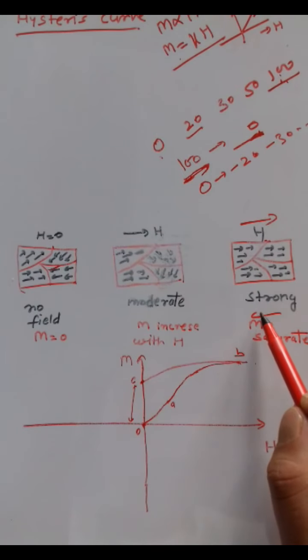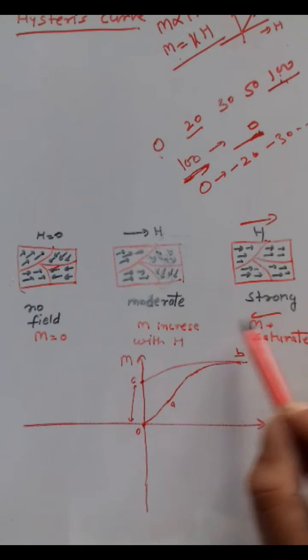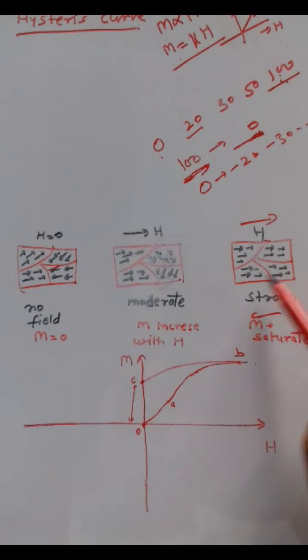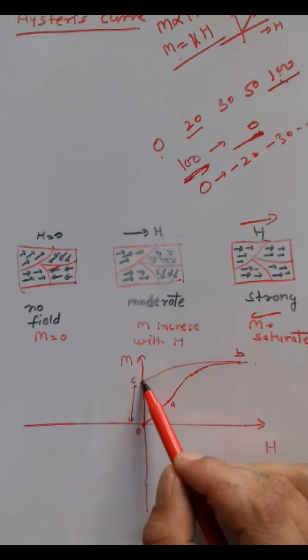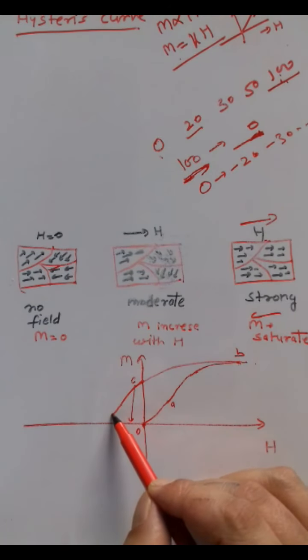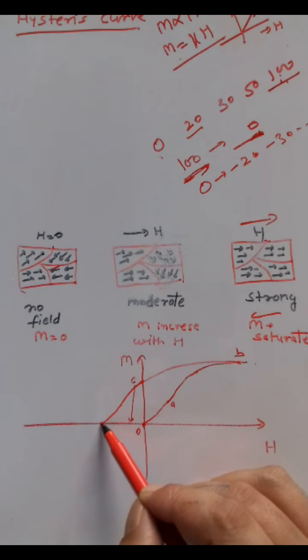If the external magnetic field is in this direction, all the domains will try to orient themselves in the opposite direction. So first the magnetization M will decrease, and at a particular field the magnetization M will be 0.